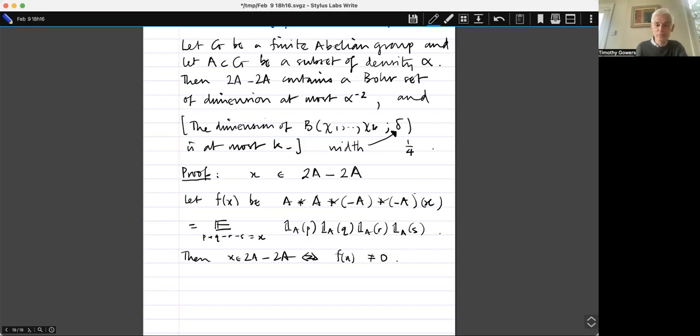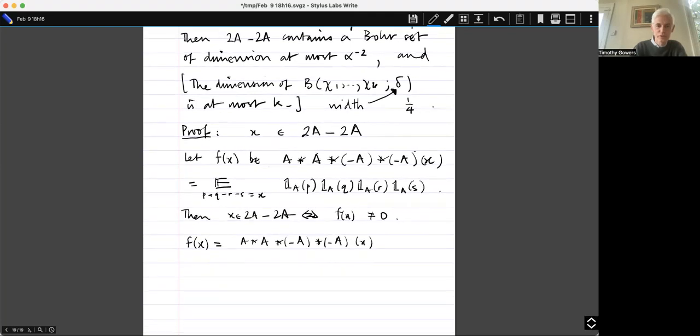So now we just hit it with Fourier analysis. We know that we can because we've got a convolution in there somewhere. So what is f of x? Let's just write this again, evaluated at x.